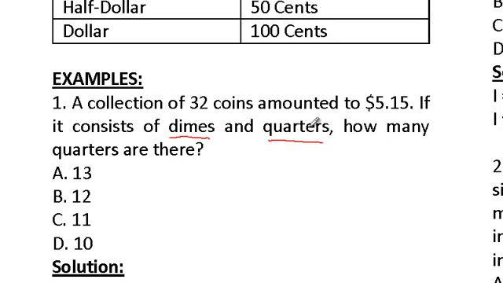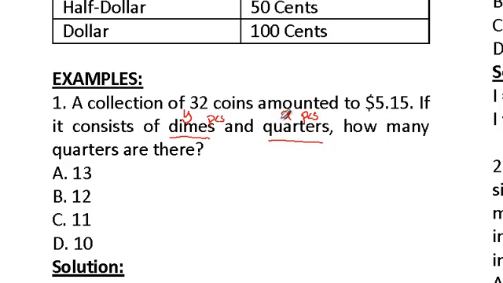Most of the time, we can let x be the number of quarters. That's what we're looking for, right? How many quarters are there? And let y, we don't know y, be the number of dimes. That's the normal approach. We don't know, so we let it be a variable.